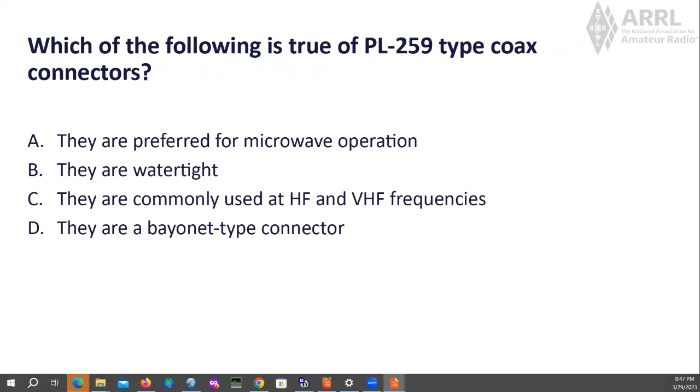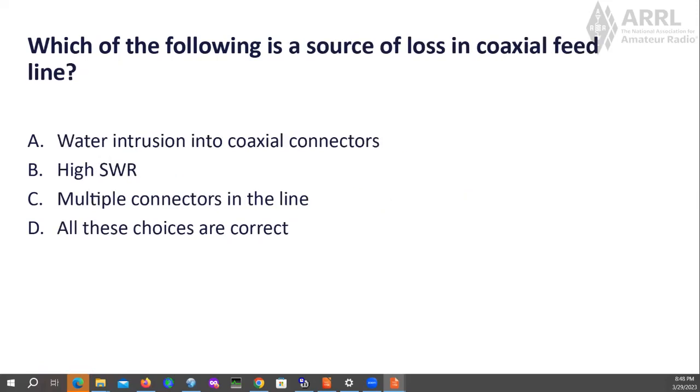Which of the following is true of PL259 coax type connectors? They are commonly used at HF and VHF frequencies. C. Which of the following is a source of loss in coaxial feed line? Water intrusion into coaxial connectors, high SWR, multiple connectors in the line.